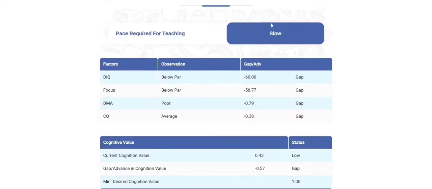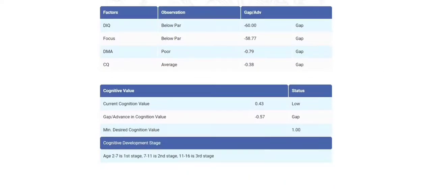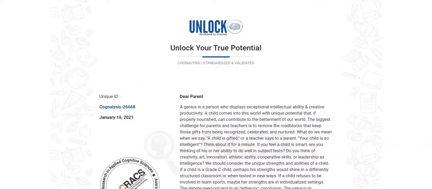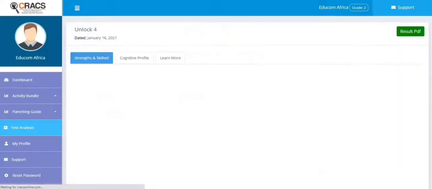Okay, you also find out whether the child is a slow or a fast-paced learner so that we can use these insights in schools to inform their educators that teaching this child you may need to go slow, especially in the case of this particular child. So you have a great lot of insights you will find after taking the cognitive assessment.